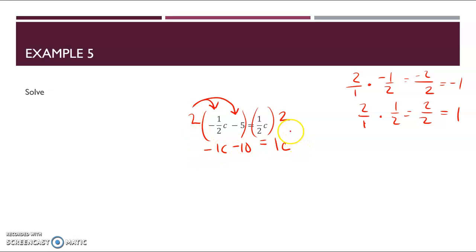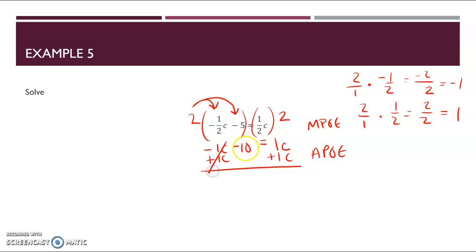I have only c's on the right-hand side, so I'm going to add 1c to both sides. The first step was the multiplication property of equality, because we multiplied both sides by the same number. Now I'm doing the addition property of equality, because this was a negative 1c and the opposite is a positive 1c.